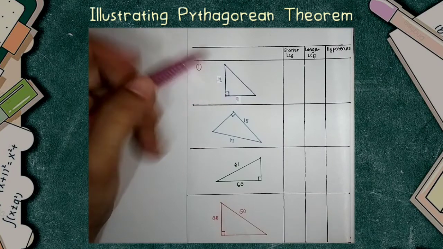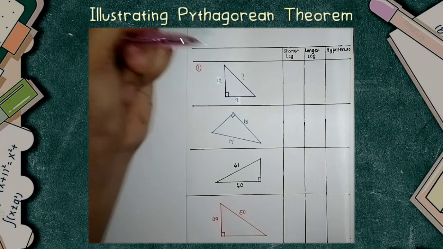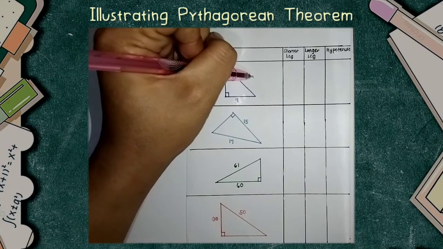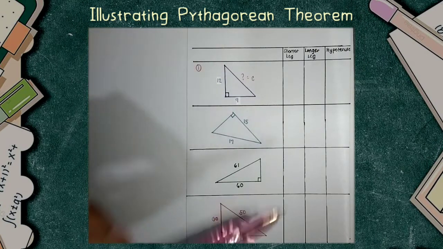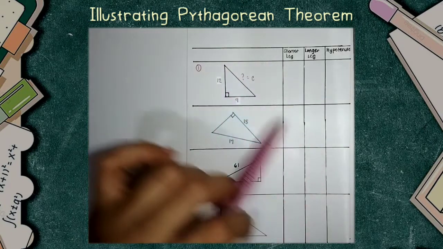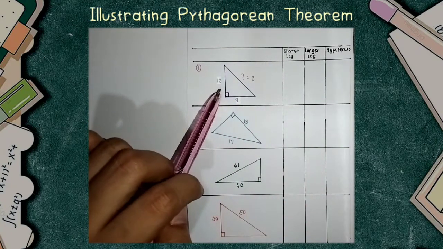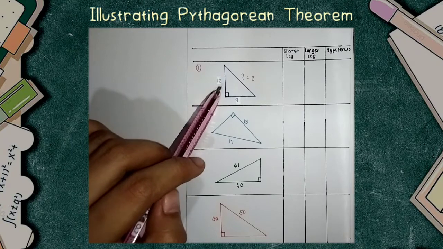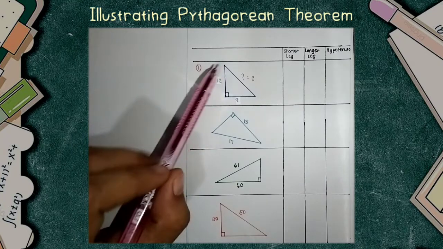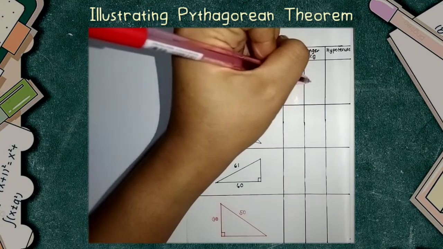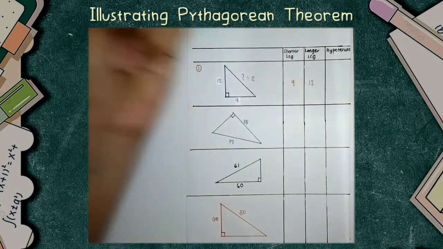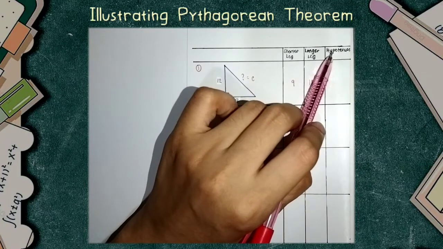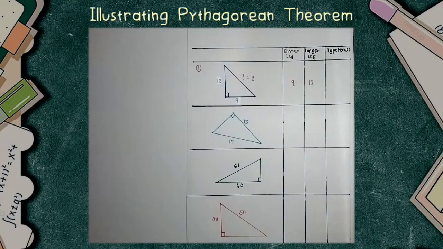So ang nawawala natin ay yung kanyang hypotenuse or C. Kapag mayroon tayong table, pwede na nating ilagay yung mga given data. Ang longer leg natin ay 12 at ang shorter leg natin ay 9. So, ang missing ay yung hypotenuse or C.